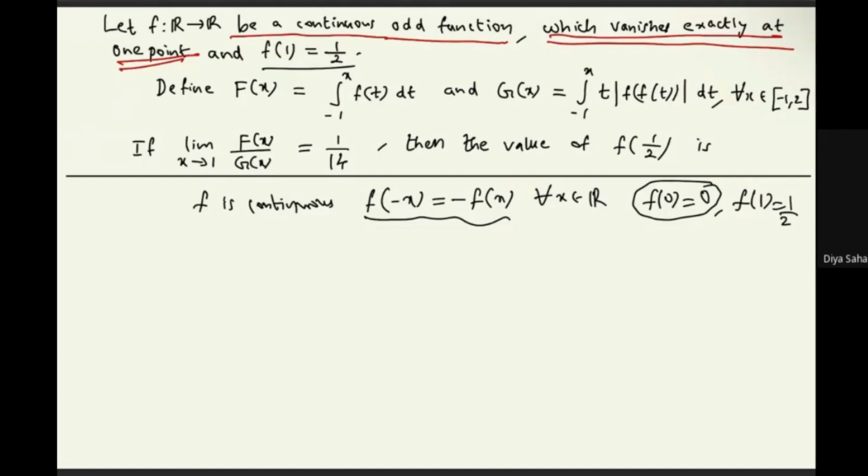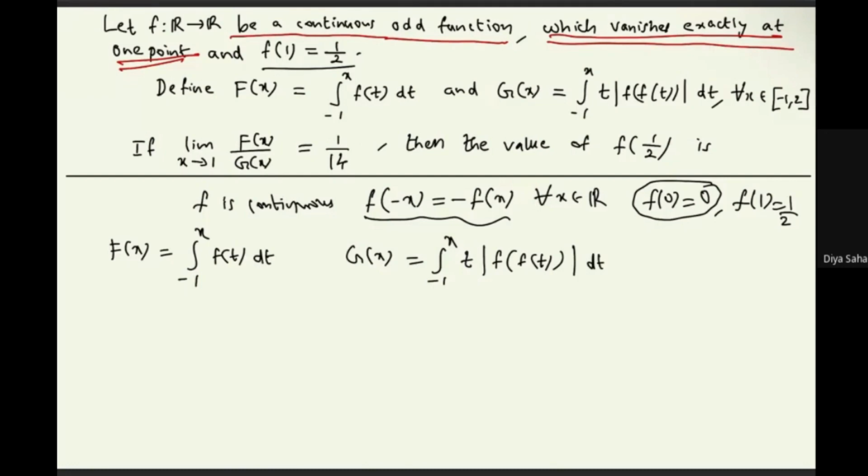So given that f of x is the integral from minus 1 to x of small f of t dt, and g of x is the integral from minus 1 to x, see how it is defined, of t times modulus of f of t. So it's kind of complicated, but you don't need to worry too much.